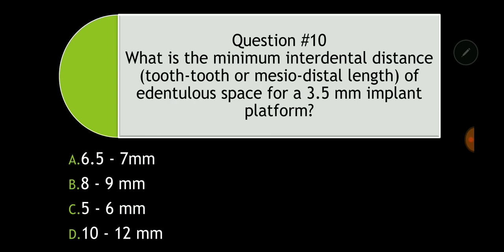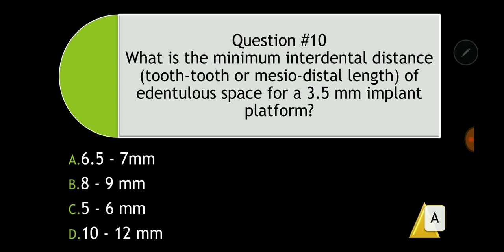Okay, so for a 3.5 millimeter implant, how much edentulous space do you need for you to put a 3.5 millimeter implant? Is it A, 6.5 to 7 millimeters, or B, 8 to 9 millimeters, C, 5 to 6 millimeters, or D, 10 to 12 millimeters? So if you said A, you are correct.